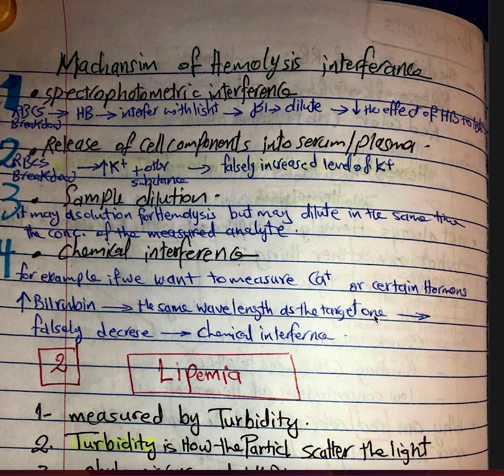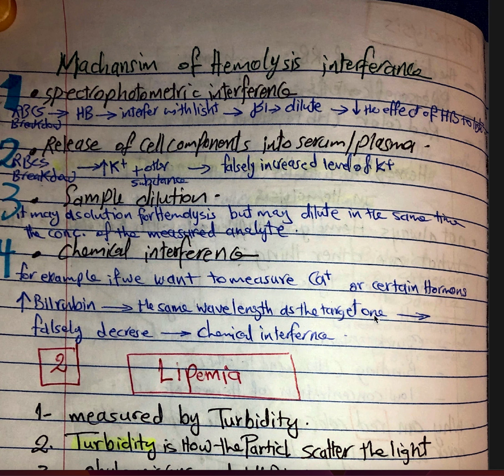So the first one is spectrophotometric interference. How does that happen? We know that the spectrophotometer measures the light, okay? It measures how the analyte absorbs the light.